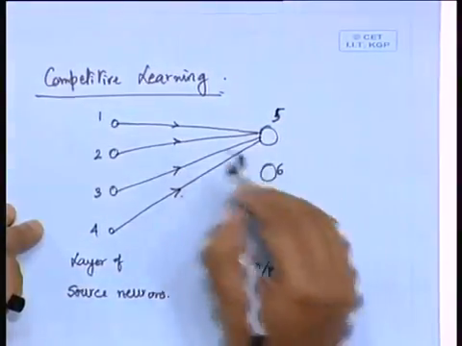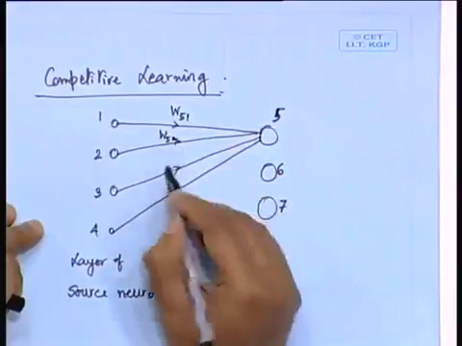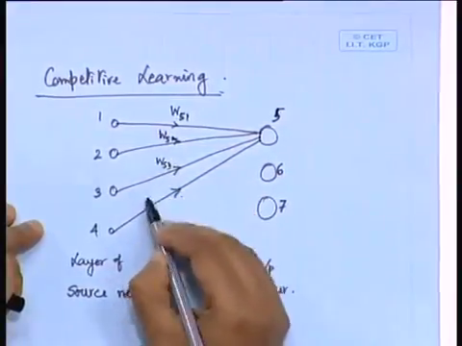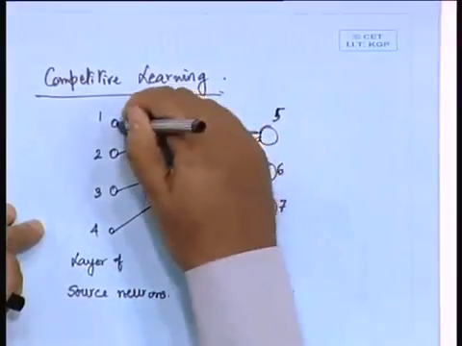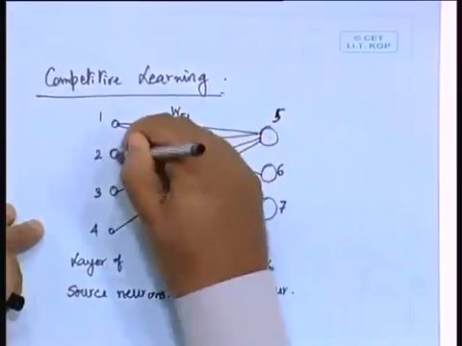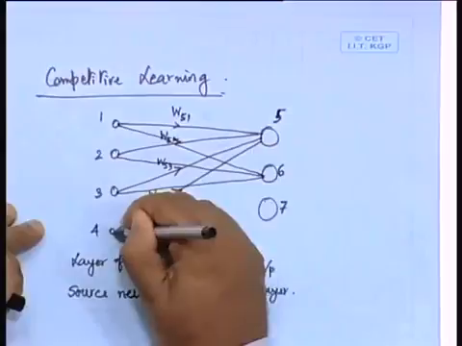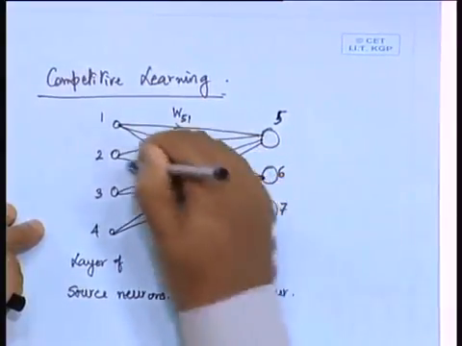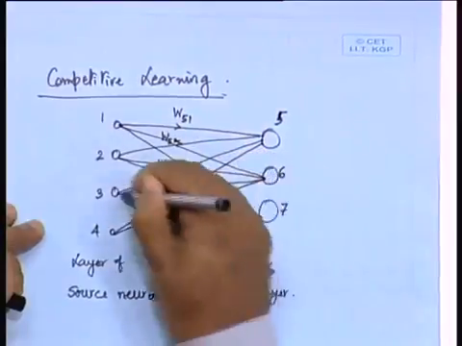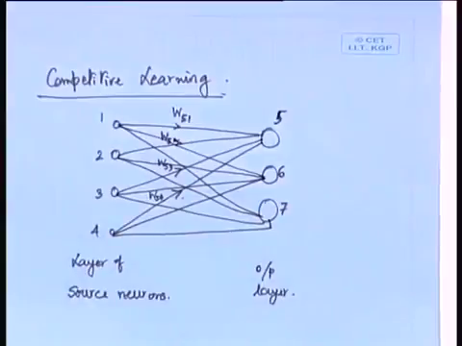So, I can say that this is W 5 1, W 5 2, W 5 3 and W 5 4. Likewise, we will have W 6 1, W 6 2, W 6 3 and W 6 4, and likewise W 7 1, W 7 2, W 7 3 and W 7 4.